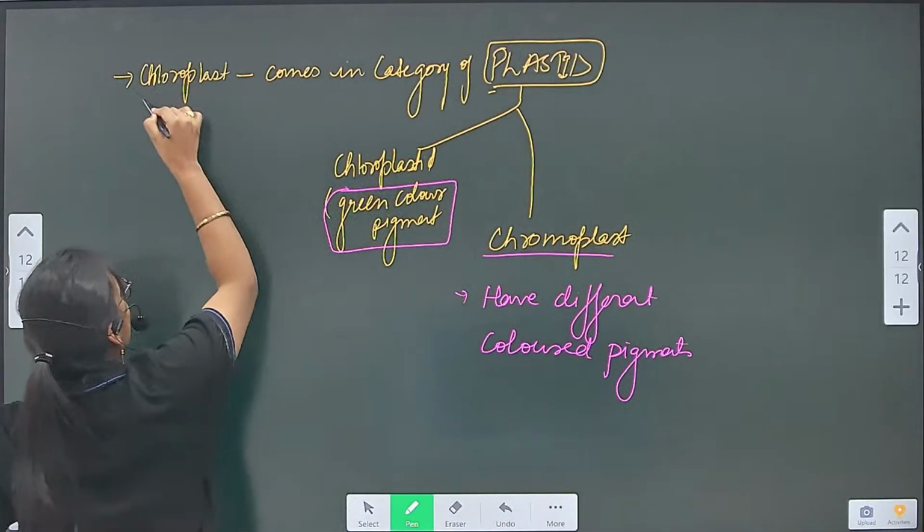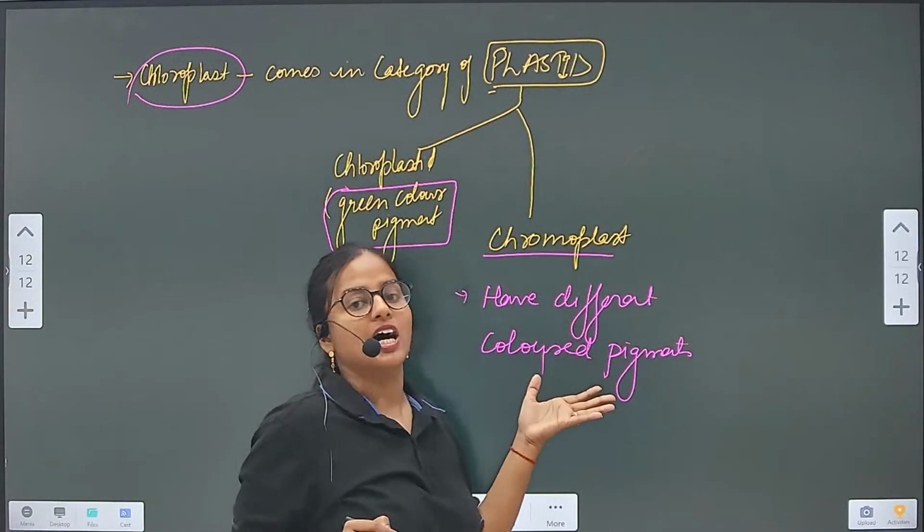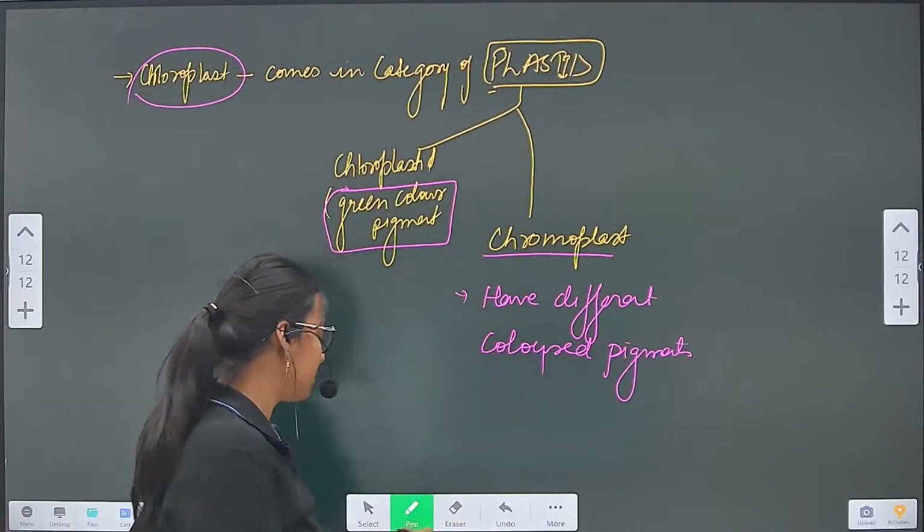Apart from green pigments, others are present in the chromoplasts.